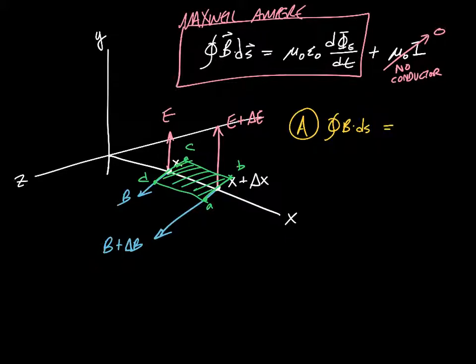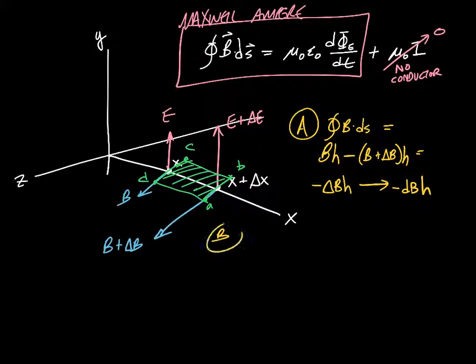I'm going to have B H minus the B plus delta B H, and that's going to equal a minus delta B times H, which means in calculus terms a differential on B times H. We've got the same structure as before from the electric field one, so these are really not going to be different, fundamentally speaking. Part B, the mu naught epsilon naught electric flux in time.